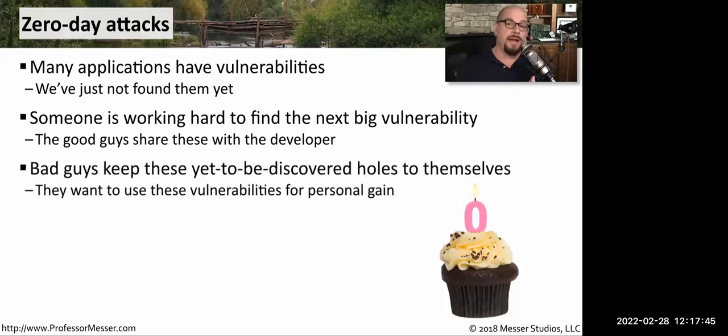But of course, if you're a bad guy, you don't want to go through the process of having the manufacturer close those particular vulnerabilities. You want to be able to take advantage of those vulnerabilities yourself to gain access to data or systems. These so-called black hat researchers will identify these vulnerabilities that no one else has discovered yet, and they tend to collect them or trade them amongst themselves.